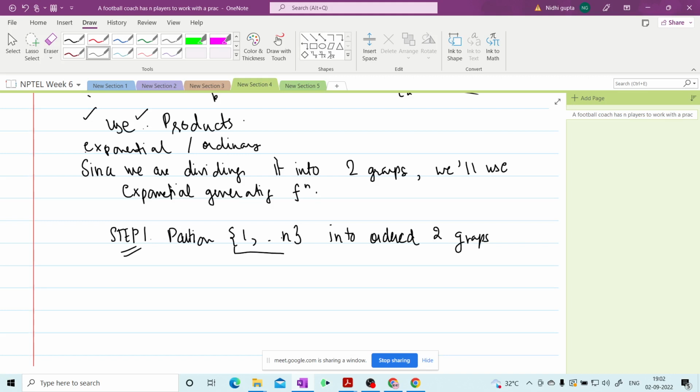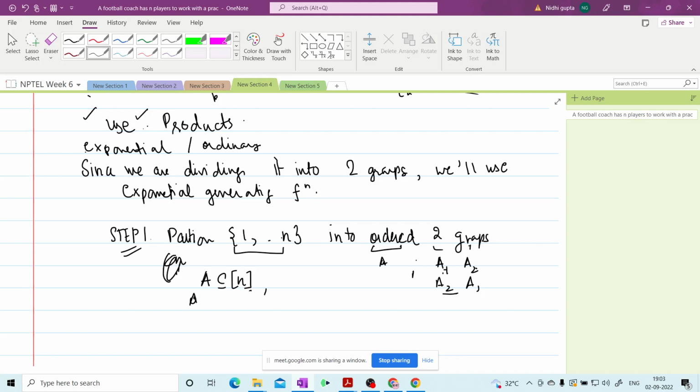We have to partition this set into 2 groups, and by ordering we mean that order matters. So if we have 2 groups A1, A2 and A2, A1, they have to be counted separately. Partitioning into ordered 2 groups is basically the same as choosing a subset of this set. A1 corresponds to choosing a subset, and A2 is the complement.